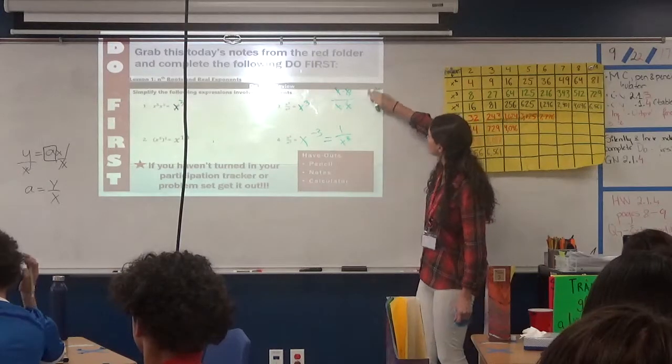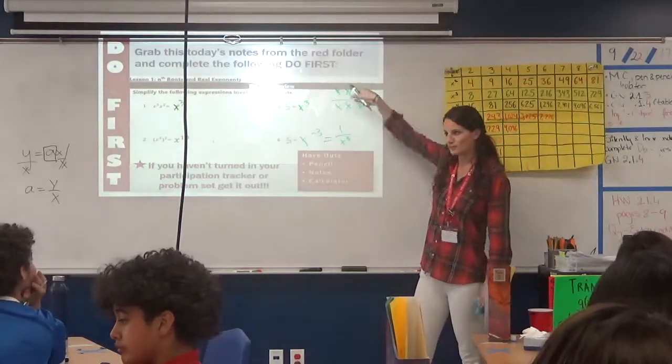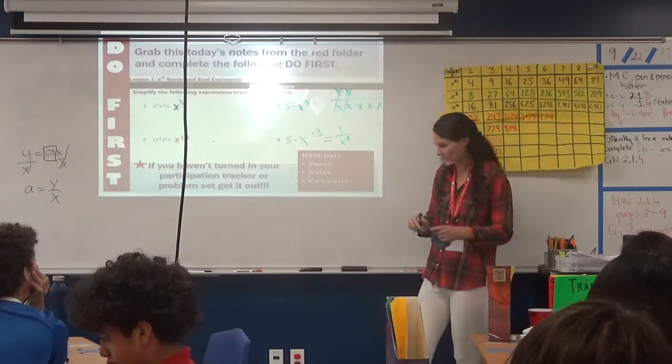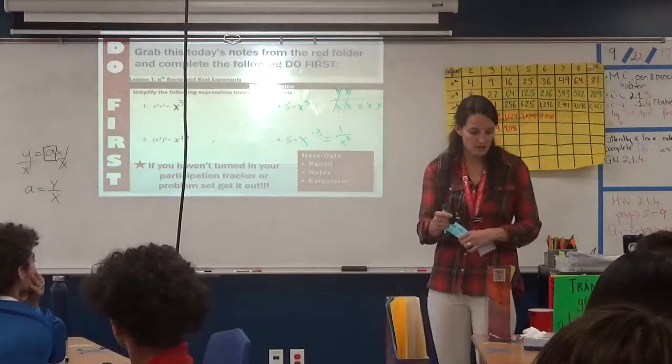So picture if these 3 would have been on the bottom, that's 5 on the bottom, 2 on top. They cancel. These are the same thing. So when you have a negative exponent, that's the same thing as having that on the bottom.